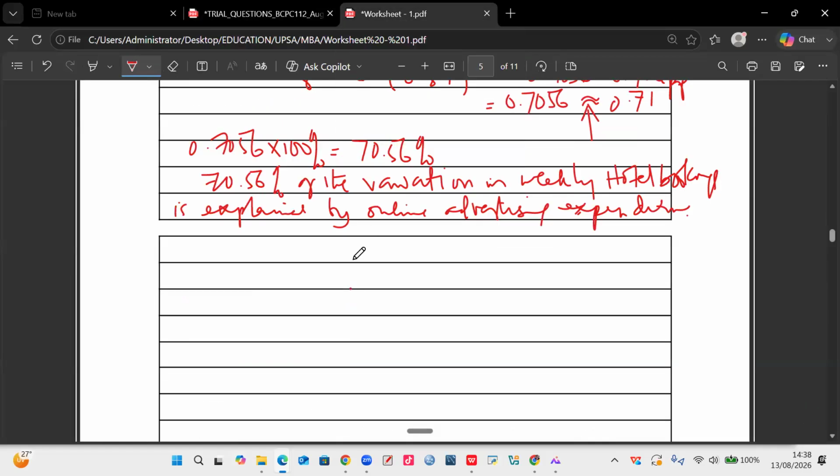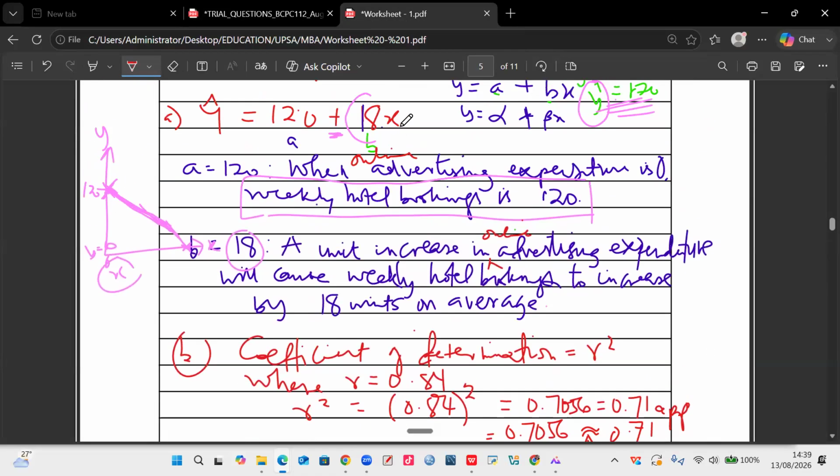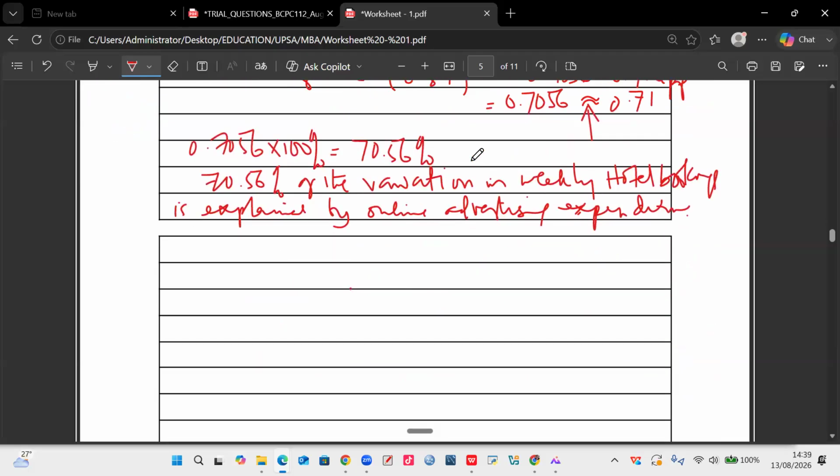In other words, based on this equation, which obvious independent variable affects weekly bookings? It is X, because you see it's written. That is called the coefficient of determination, that this X is causing a change in the Y by 70.56%.